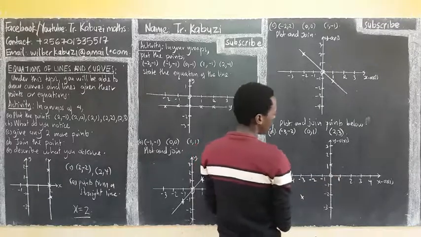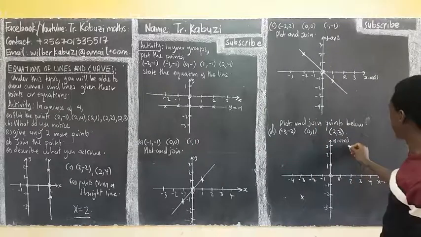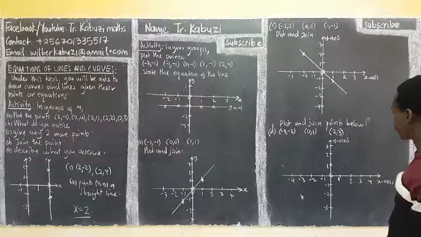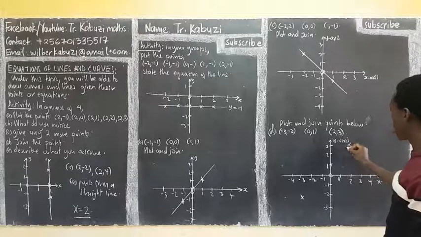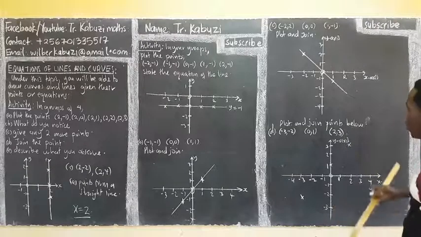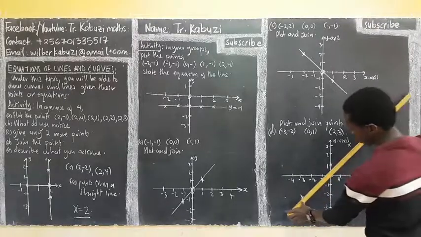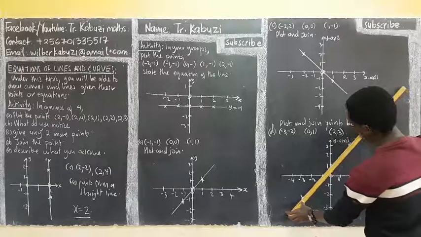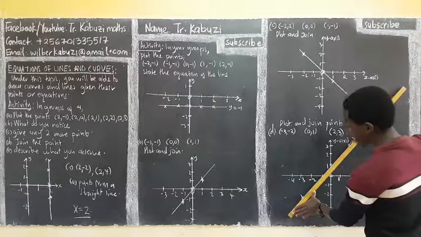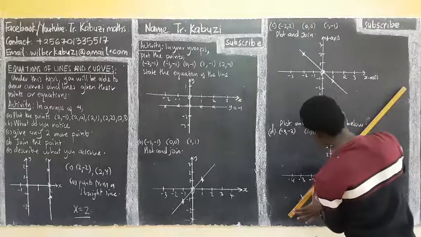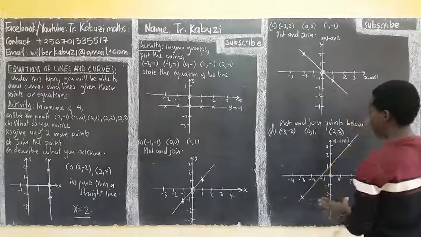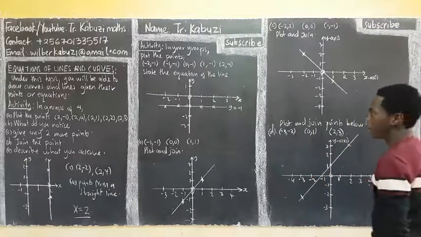Then (2, 3), which is exactly there. Then we join. I think you can see that's how I'm able to join.